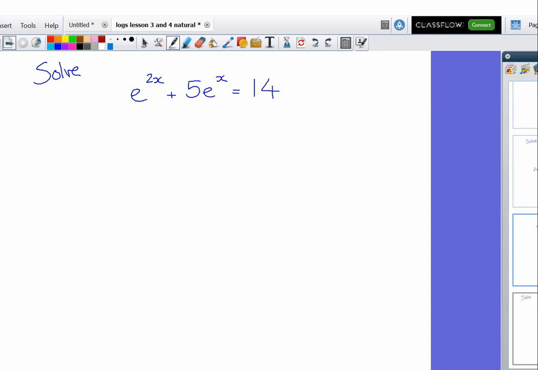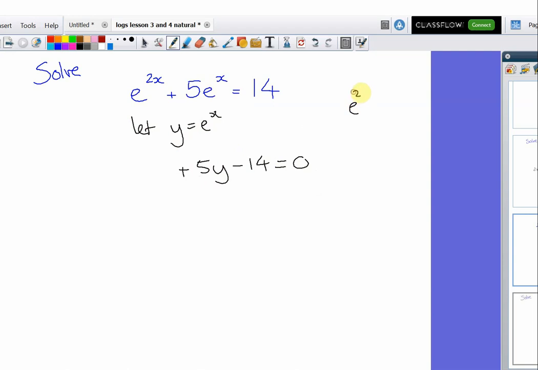Okay, here's a fun one. So, little quadratic in disguise, like the last lesson. So let y equals e to the x. Well, what we actually have here, that's definitely 5y. And I'm going to bung the 14 over because on quadratics or anything non-linear, we make it equal to 0.